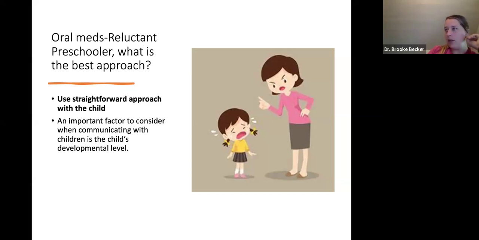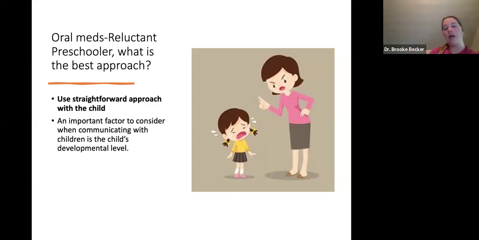Okay. And then the other piece, just like any kiddo, even with preschoolers or whatever age, you have to look at the individual child's developmental levels. So if they're functioning on an infant's developmental level, then you're going to have to use a different approach with them taking medication. Okay.